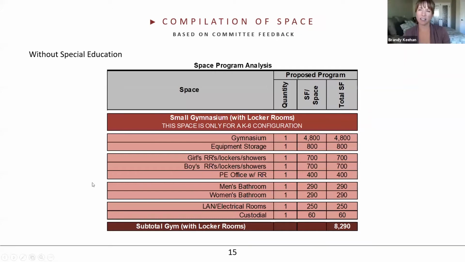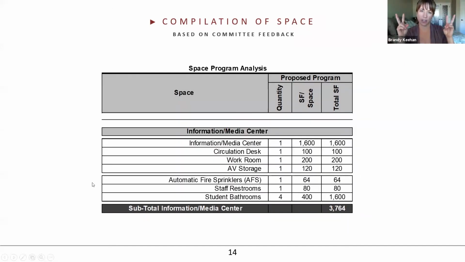Is that space the traditional library? Our current space at Old Richmond and at our temporary space, neither has any student restrooms in the library. I'm not sure we need four. If you want four, that's great.